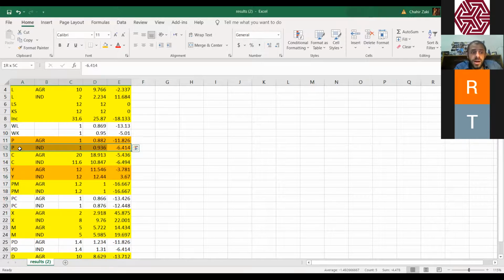So they decide to export more of the agricultural goods to the rest of the world. That's why the exports of agriculture are more important than industry. So they allocated their products to the rest of the world instead of the domestic market.